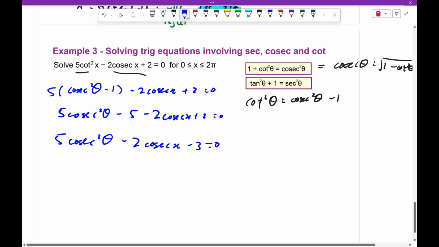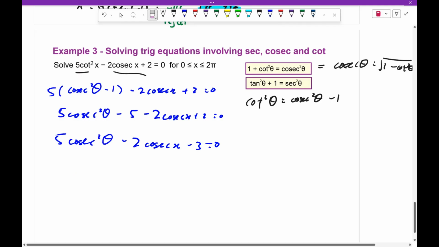So that means you can solve for cosec straight away. Yeah, that is possible. But okay, if you want, you can also have that.